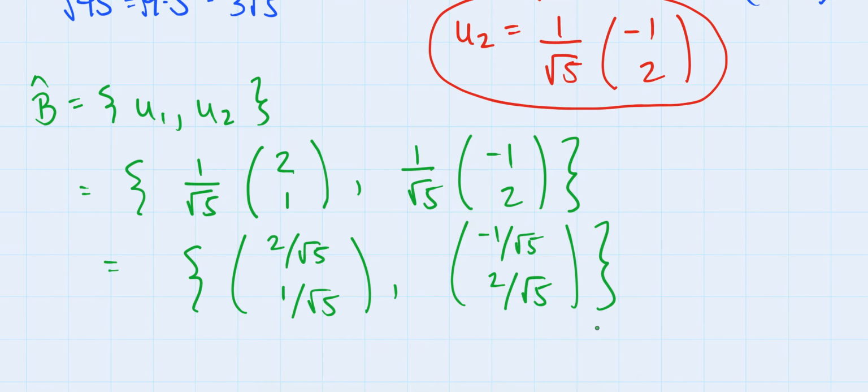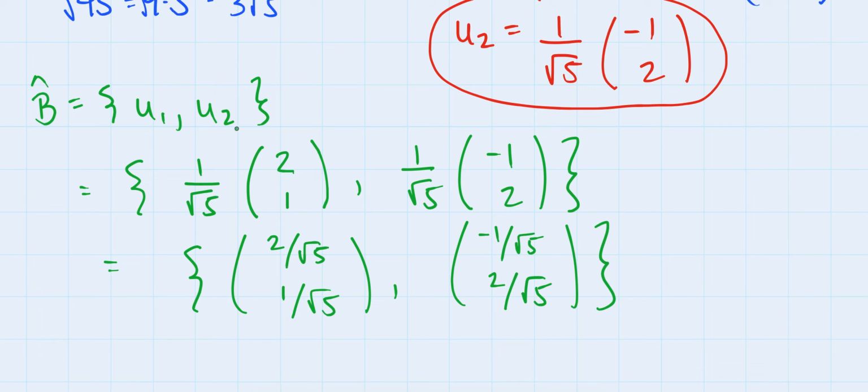Now if you want to be extra careful to make sure you didn't make any mistakes, you can take the inner product of these two. You should get 0. Let's just look at it. If we take the dot product of these two, we can pull the constants out and then we get 1 over root 5 times 1 over root 5, which is 1 over 5. And the dot product is 2 times negative 1, which is negative 2, plus 2, that will give me 0.